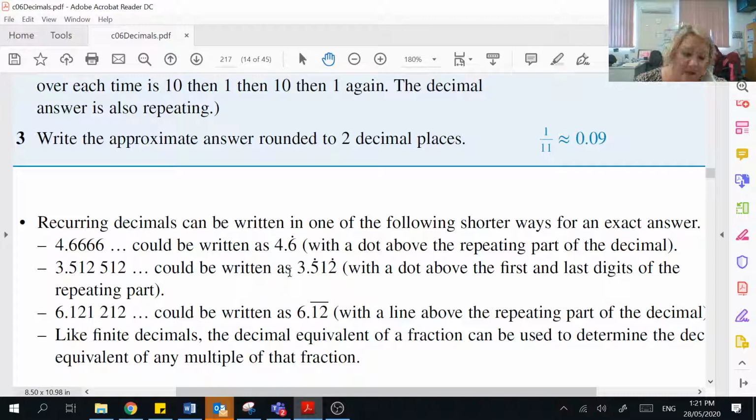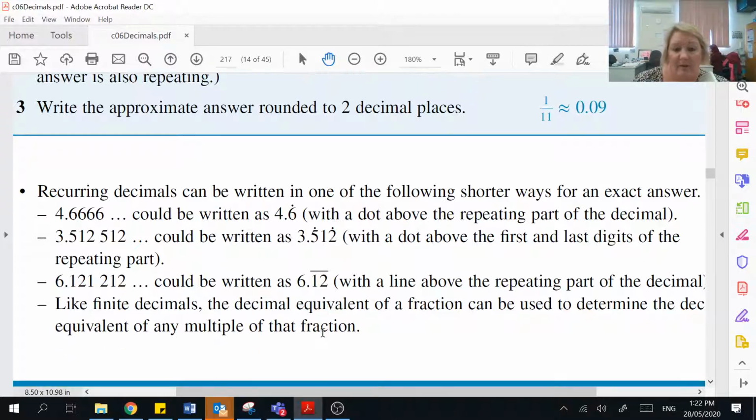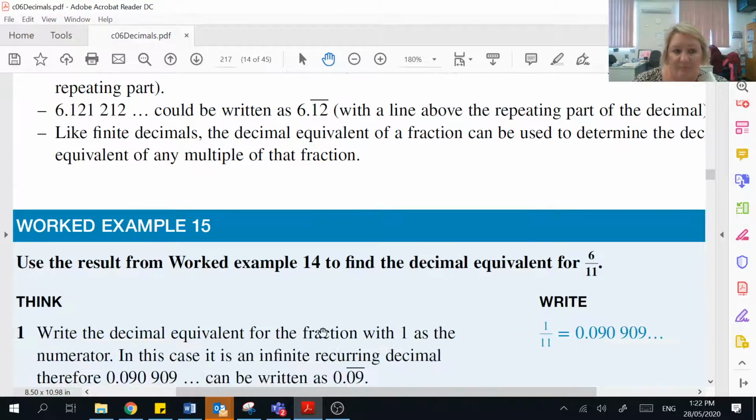I prefer dashes. So here's an example where they've done the dash. So this repeating decimal 6.121212, they've just done 6.12 with a dash, and we all know that that is a repeating one.